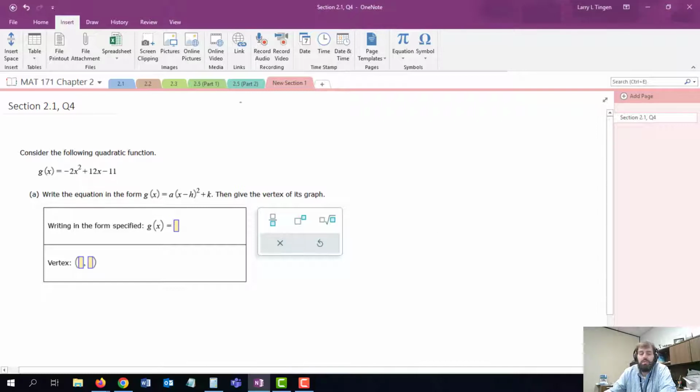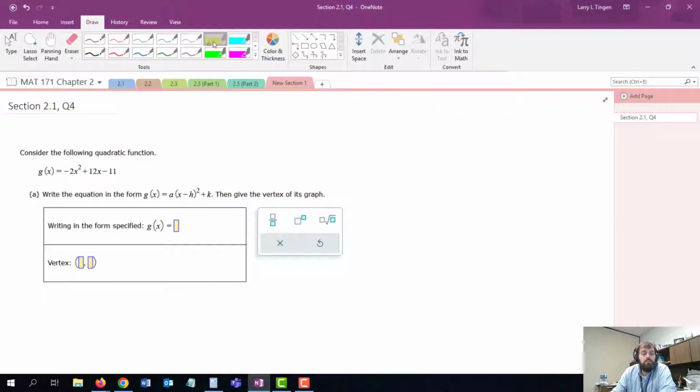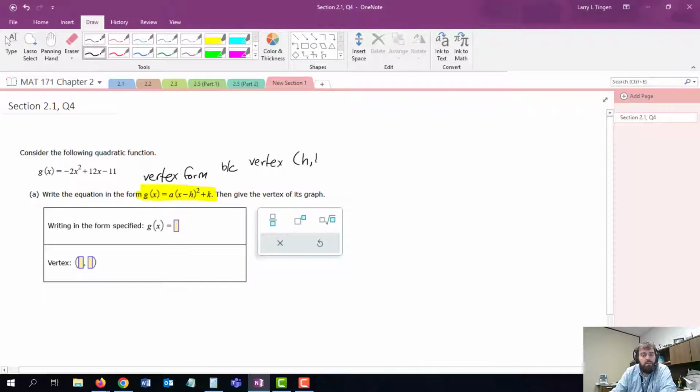Now, there are two ways to tackle this. First off, this form is called vertex form. Okay? And it's called vertex form because the vertex has the coordinates h, comma, k.